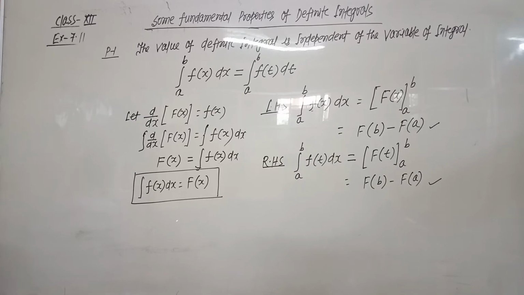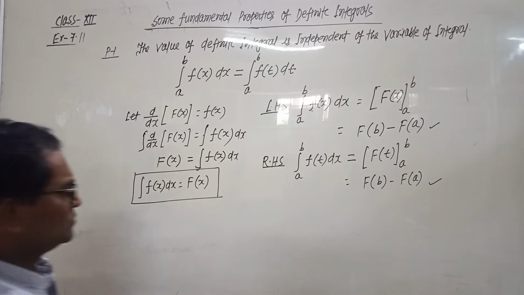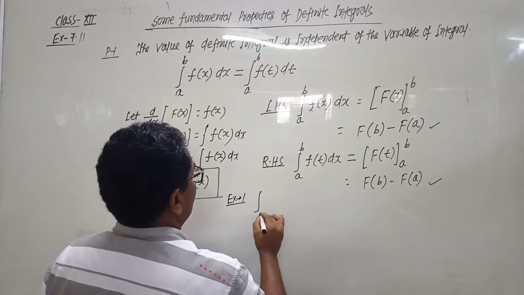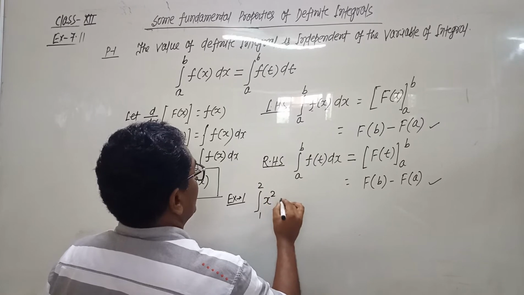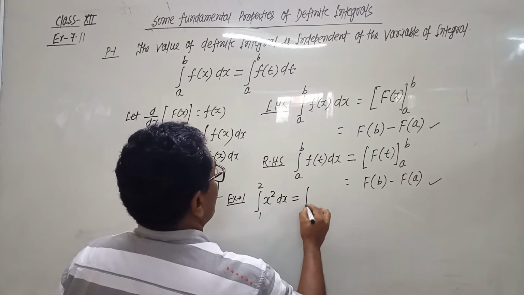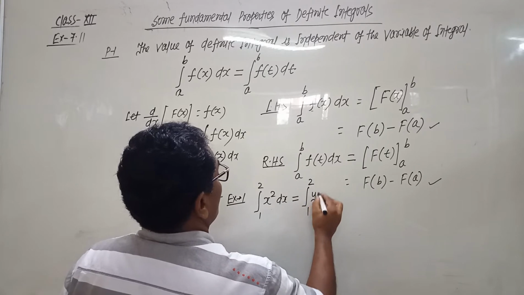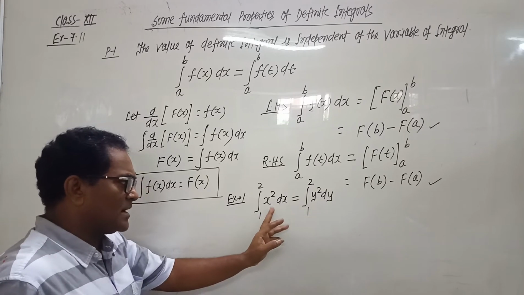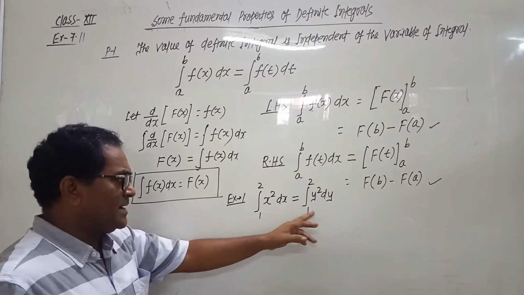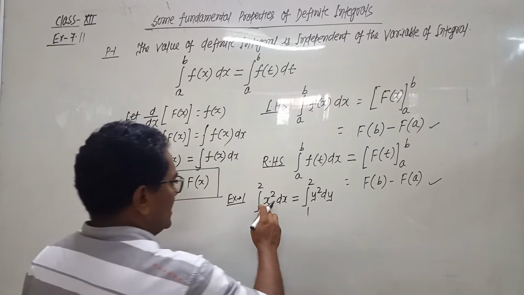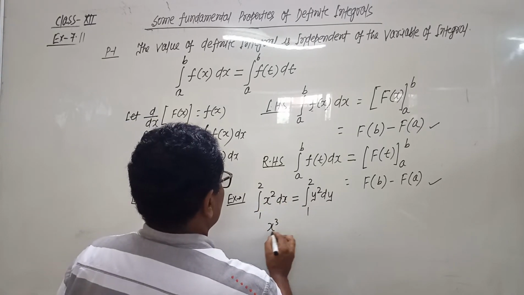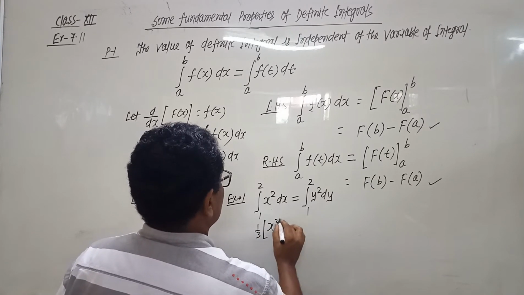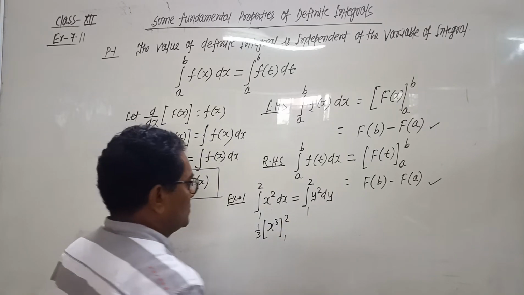Let us see one example. Integration limit 1 to 2 x square dx must be equal to integration 1 to 2 y square dy. The variable has been changed, but the value remains the same and the limit is the same. So let us solve this. Integration of x square dx becomes x cube by 3, limit from 1 to 2.